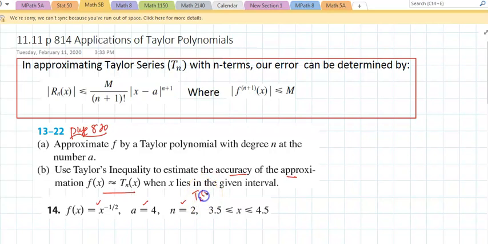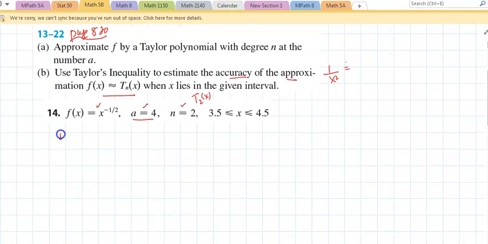So you want to represent 1 over radical x by roughly a 2nd degree polynomial centered at 4.